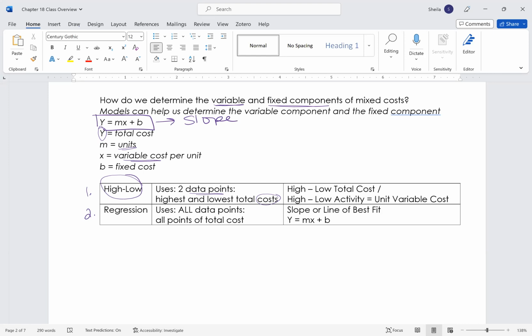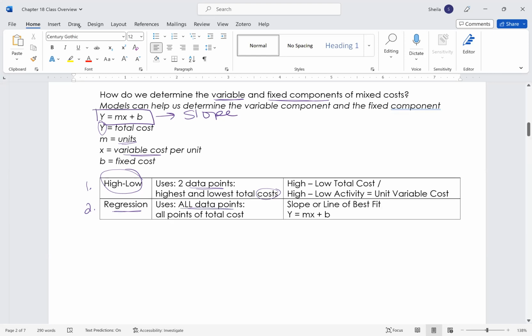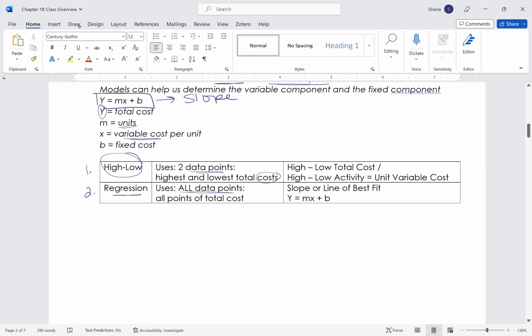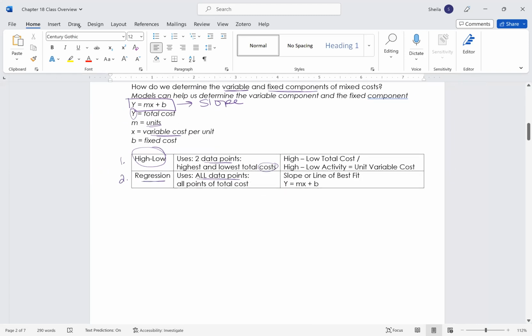Now, the other one that I'll show you a quick glimpse of is called regression. And I want you to know the difference here between the two. Regression is just a way that we can use all data points in a given data set, okay? So for example, if we think about a chart here where I've got a graph and this represents my units of activity and this represents my total cost, okay?